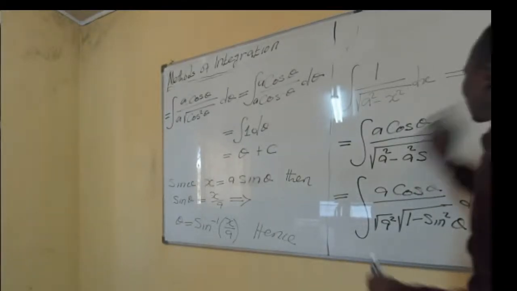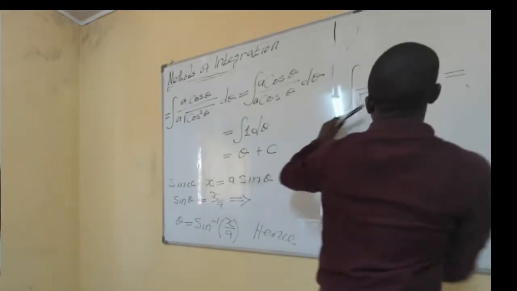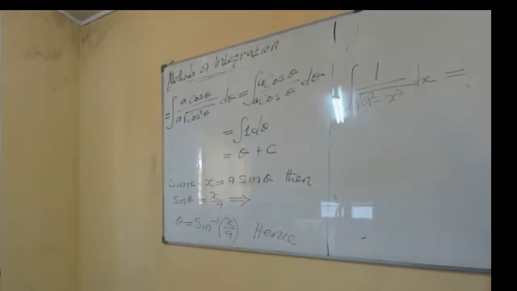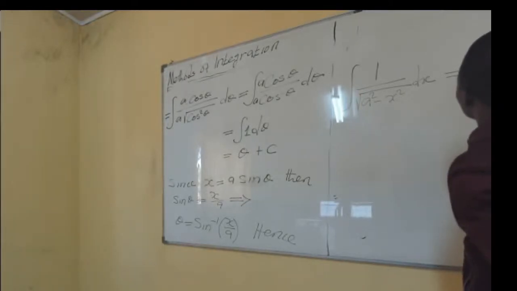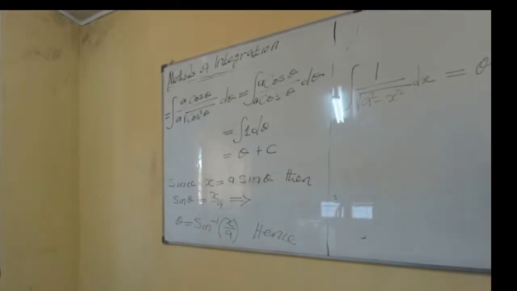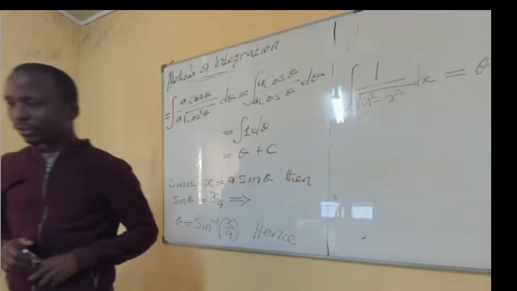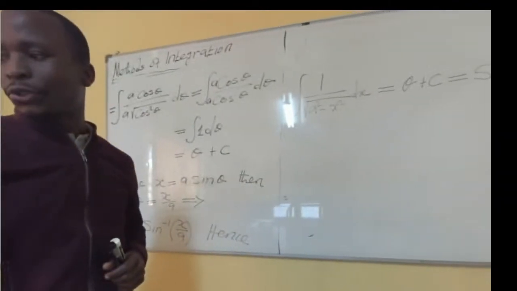Hence the integral of 1 over the square root of a squared minus x squared dx, which we found as theta plus c, is sine inverse of x over a plus c, where c is a constant. I can assure you, if you differentiate this, you are going to get that. I guess everyone is following and able to see what I was solving.